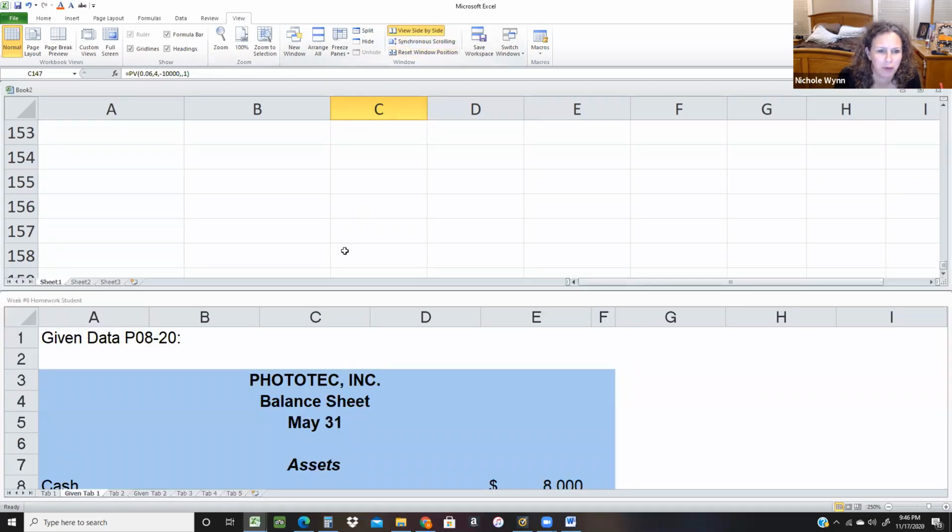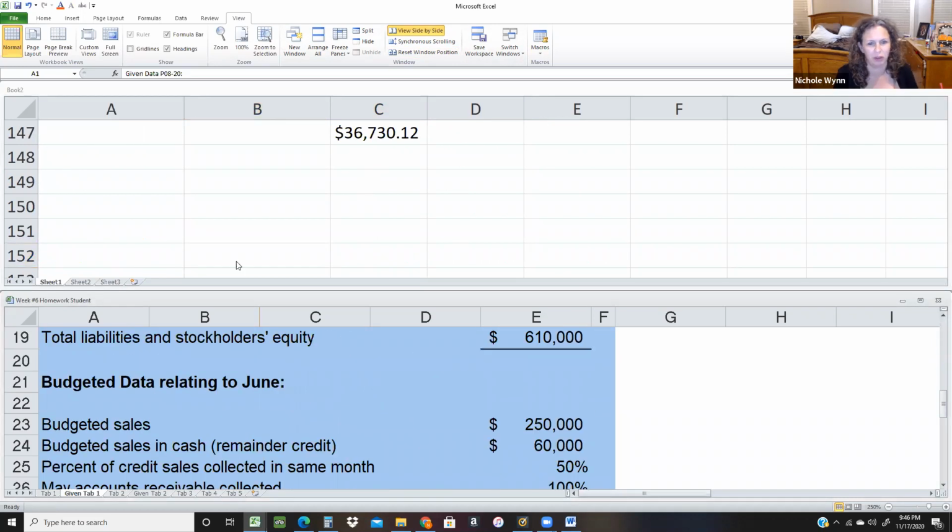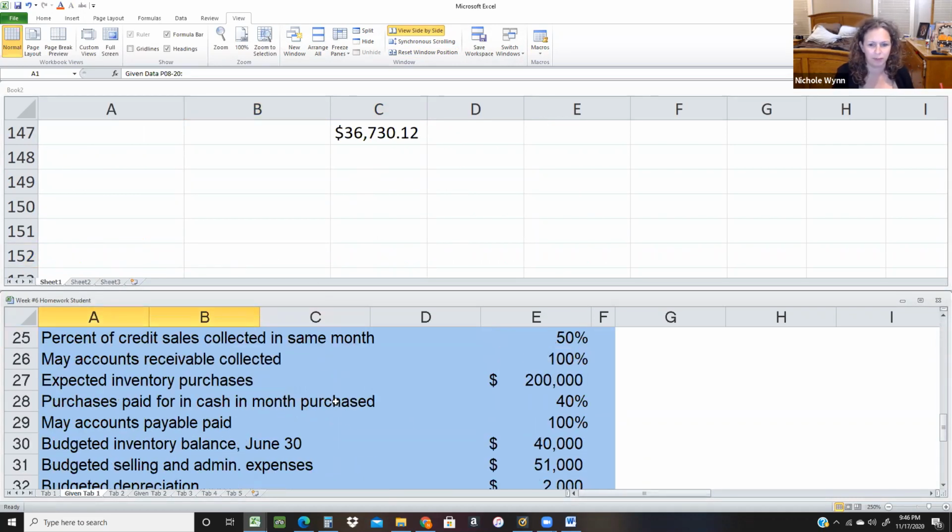Aha, okay. Now I have this blank data and this data down here. They're not side by side, but they're on top of each other and that's good enough.